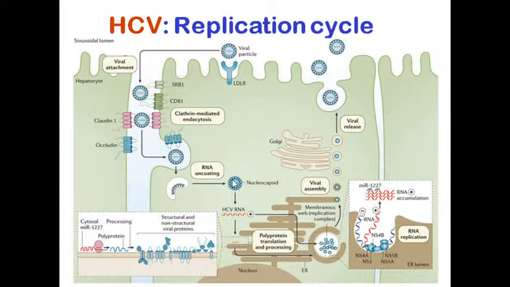Then we have uncoating, and the nucleocapsid will still contain the RNA. Then the RNA is released, hepatitis C positive sense RNA. It can be translated immediately into the polyprotein, and then the polyprotein should be processed.